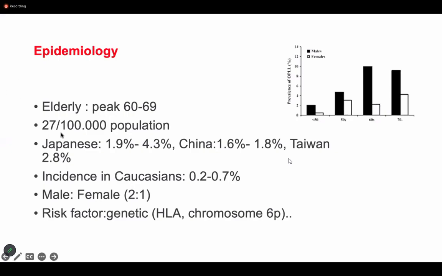In Japan, around 27 per 100,000 population, and there are lots of cases in Japanese compared with other countries. In Caucasians, I mean white people in Europe and Americans, it is rarer, and males are double compared to females.